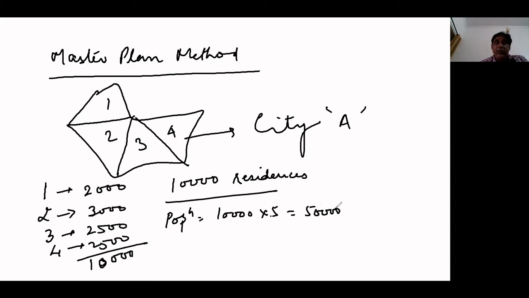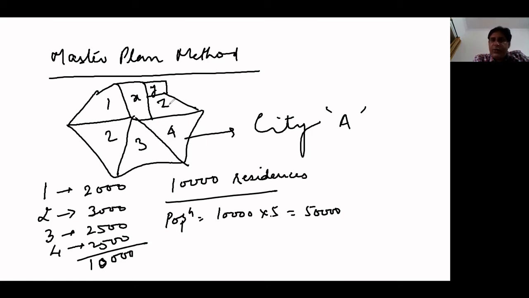Now, the problem comes how to forecast. It is very easy to forecast the population because as the city expands, suppose the city expands this way. So this is say X, this is Y, this is Z. These three areas are being expanded and the proper plotting is done.